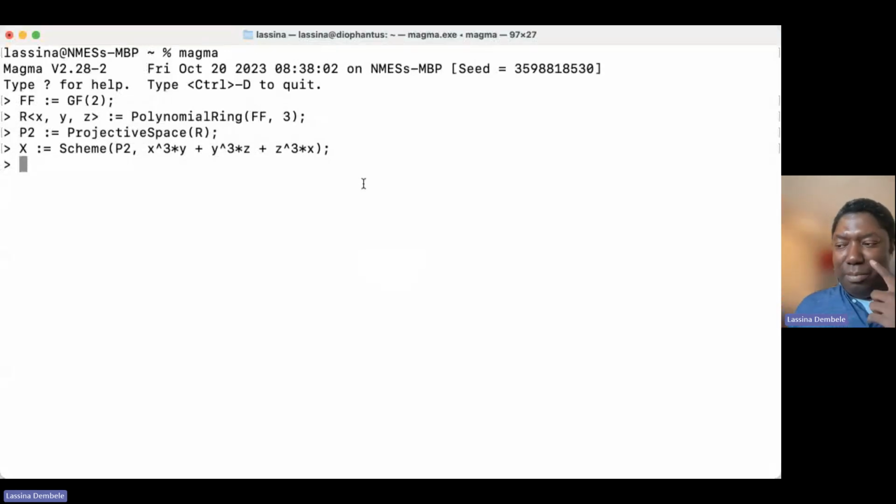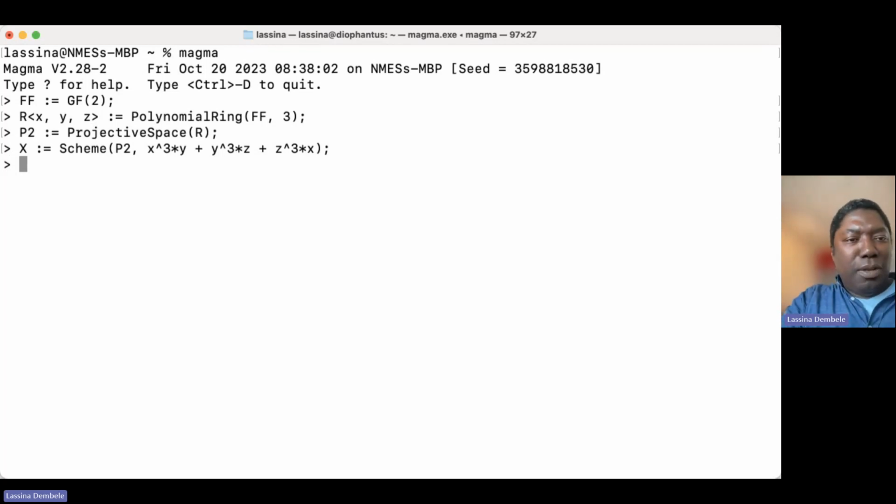It's the first example that you have at the end of the lecture notes, the so-called Klein curve. This is the way to create this curve in Magma.